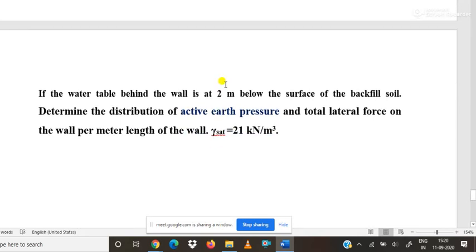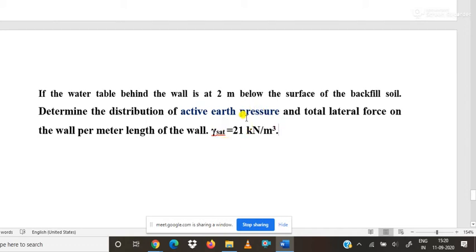Now you know the relationship between the saturated unit weight and submerged unit weight: submerged unit weight is equal to saturated unit weight minus unit weight of water. The unit weight of water may be considered as 10 kilonewton per meter cube, and you have to find out whether the given value is greater or lesser than the unit weight of the soil.